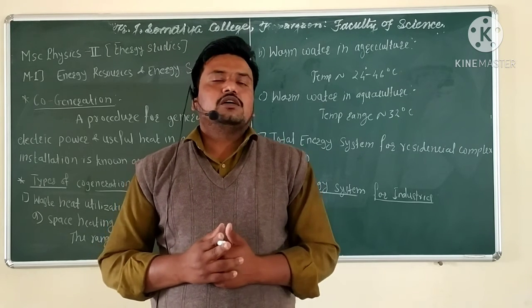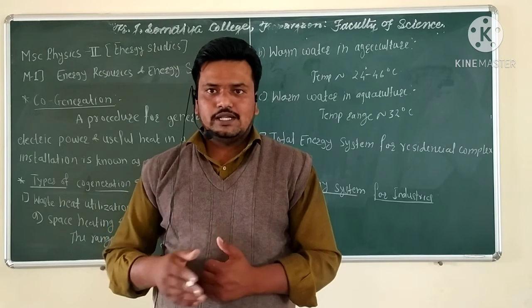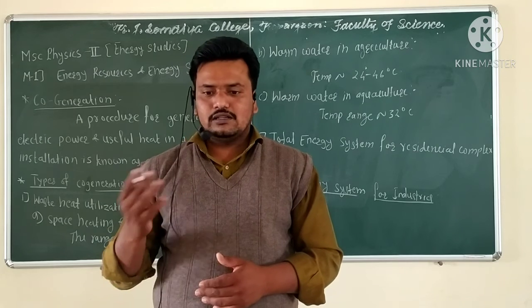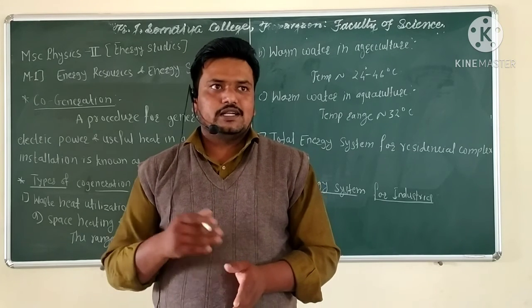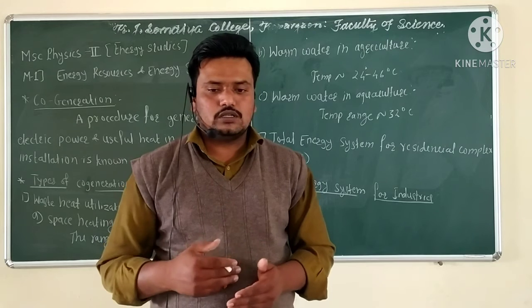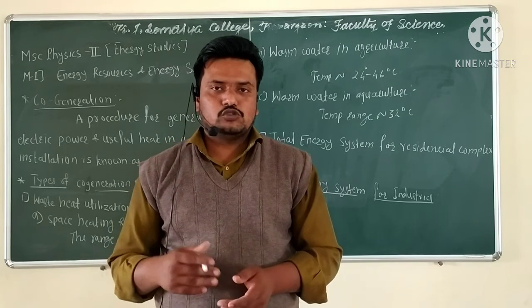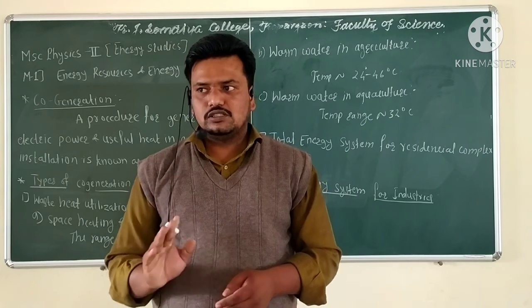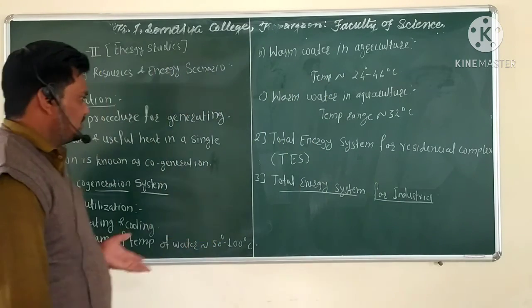It produces electrical energy or generates electric power, as well as serving many processes like generating paper, petroleum refineries and chemical plants that also use hot water, and the pumping system also uses this type of energy. So this is the system of cogeneration.